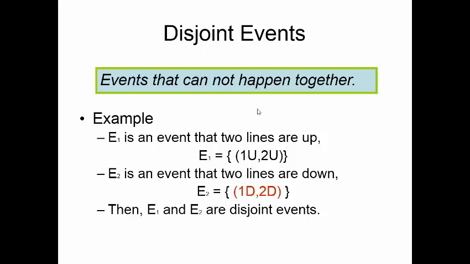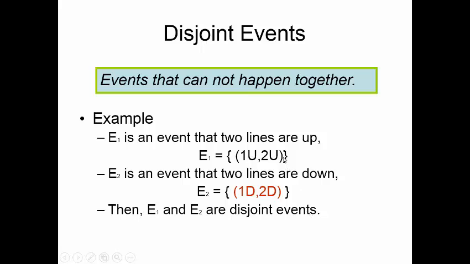In the case of sets, we say that the intersection of disjoint events is null. That is, there is no state in the intersection of the events. Example: if E1 is an event that two lines are up, and E2 is an event that two lines are down, then E1 and E2 are disjoint events.